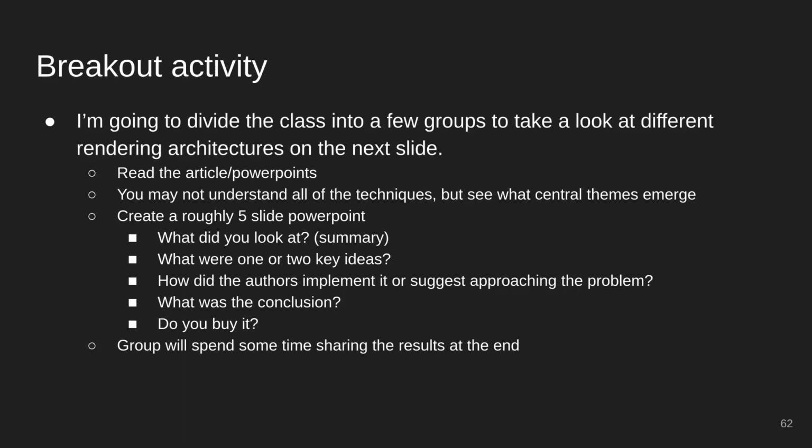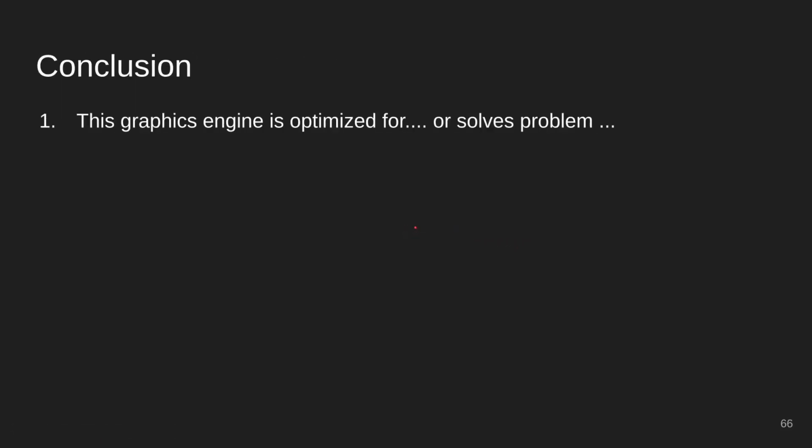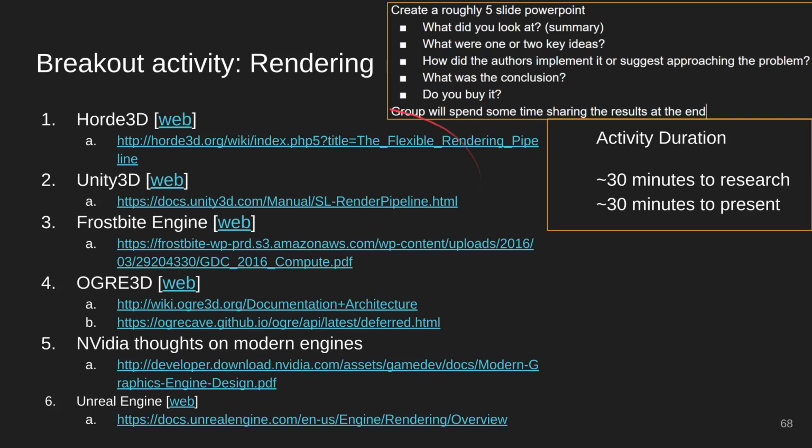Now, if we were in class, so apologies, we're in the online world, but I still want to give you this exercise. We won't divide up into groups at all. But I would like you to spend a few minutes looking at different rendering engines. Here's a list of professional-grade graphics engines that you could look at.